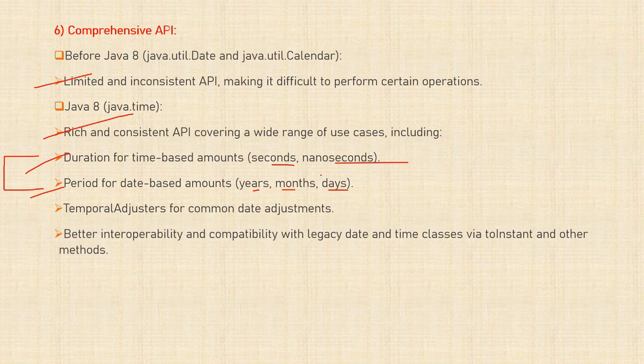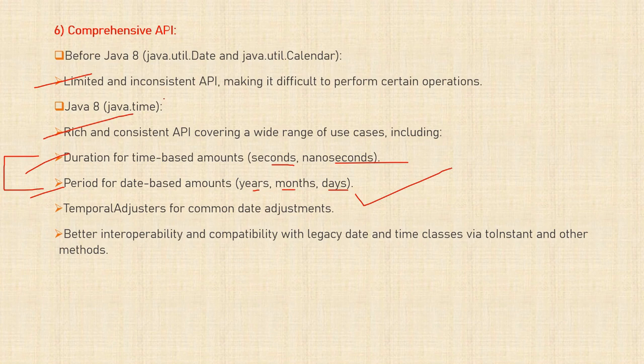So what will be your date of birth? Let's imagine your date of birth is 1st January 1990, and you want to calculate the difference. In this scenario you can use Period. You will get the actual difference, like 24 years, 6 months, and 1 or 2 days.